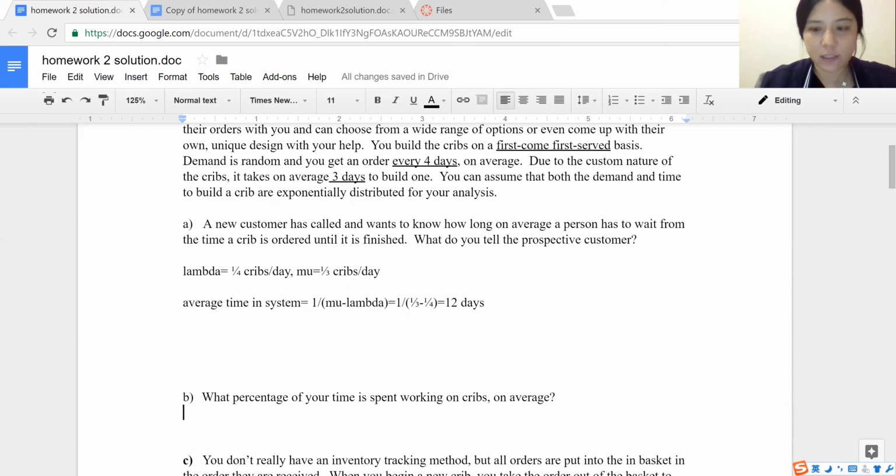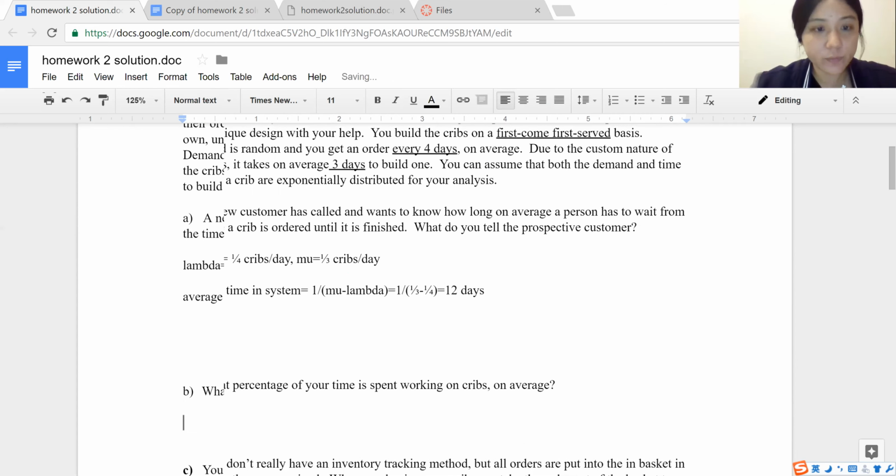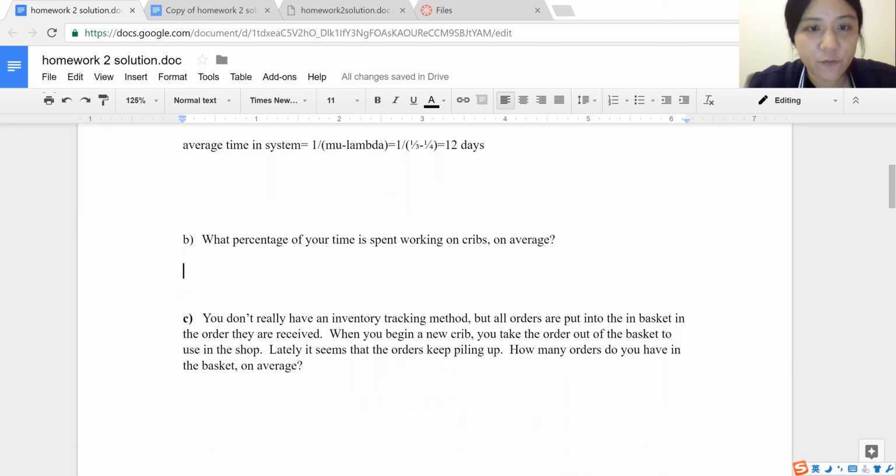Then let's look at the second problem. What percentage of your time is spent working on cribs on average? So this is asking for the utilization of the whole system, which equals lambda over mu. Lambda is the arrival rate and mu is the service rate.